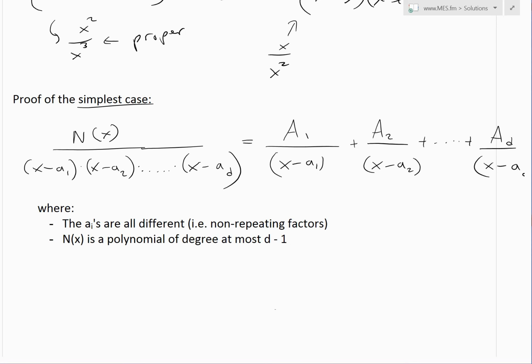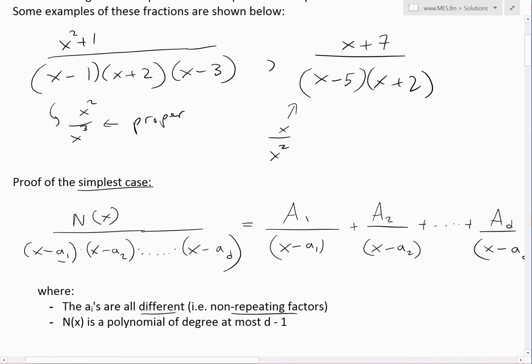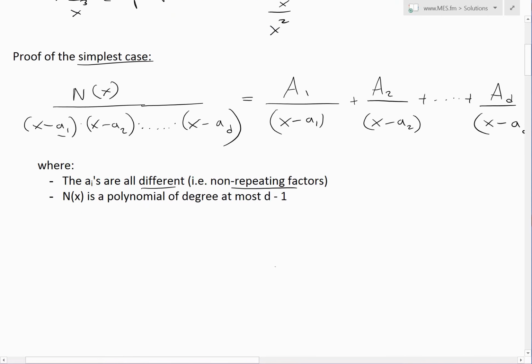Now these ai's, or these coefficients, are all different. They're all unique, so there are no repeating factors, such as if we had a squared, then that would be repeating, and that's not what we'll cover in this example or in this proof. And also n of x is a polynomial of degree at most d minus 1, so it's always a proper fraction.